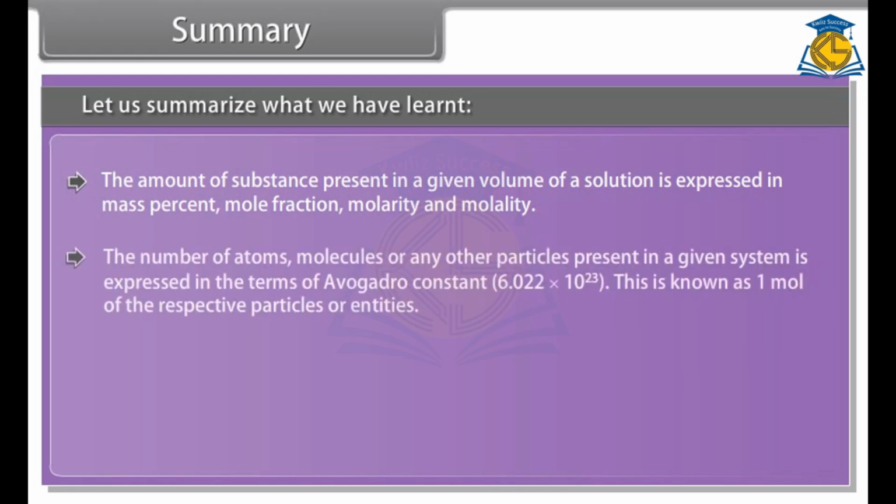The number of atoms, molecules or any other particles present in a given system is expressed in terms of Avogadro constant, 6.022 into 10 raised to the power 23. This is known as 1 mole of the respective particles or entities.